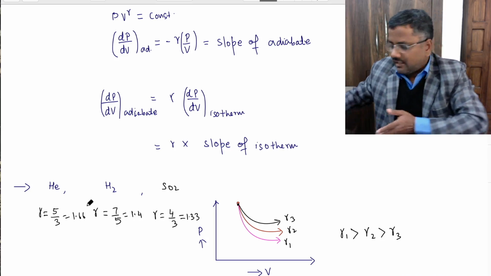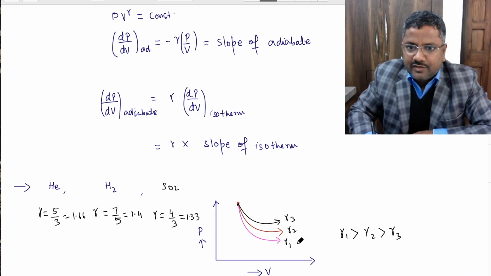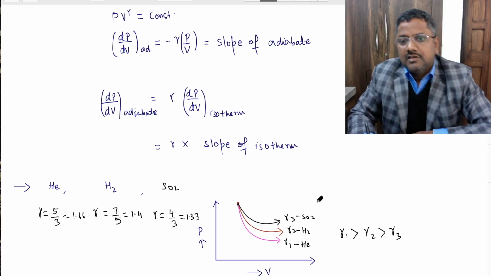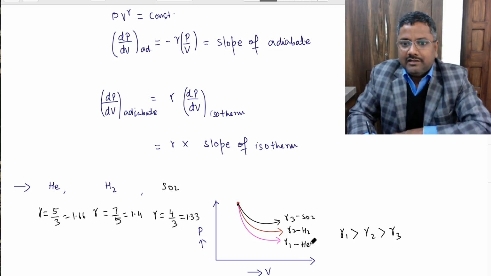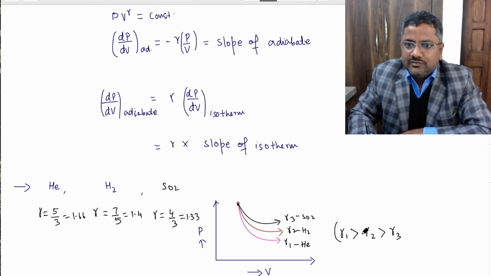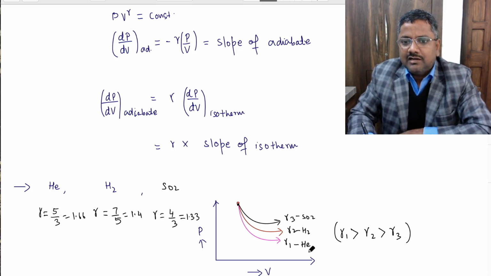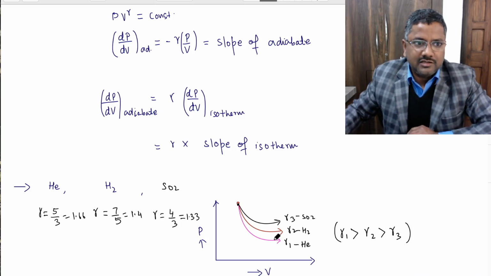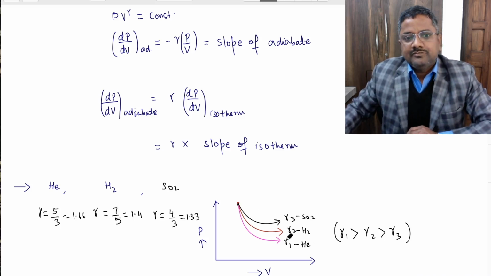So gamma 1 is for helium, this is for hydrogen, and this is for sulfur dioxide. So in this way you can determine different gases if the slope is given. You just compare the value of gamma and answer the question, right?